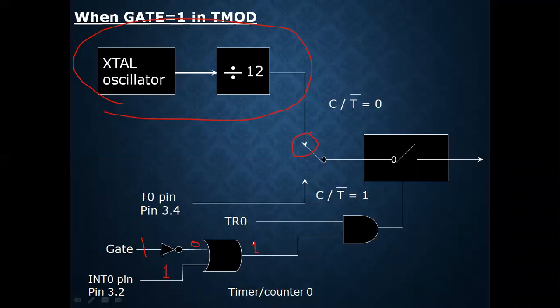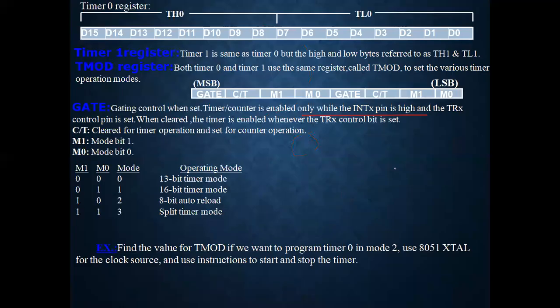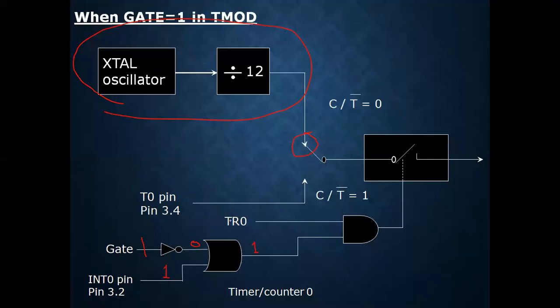Clear? Again, I am going back. The TRX control pin is set. That means the TR0 pin will be set by 1, and you know that when both inputs of this AND gate are 1, then the output will be 1.